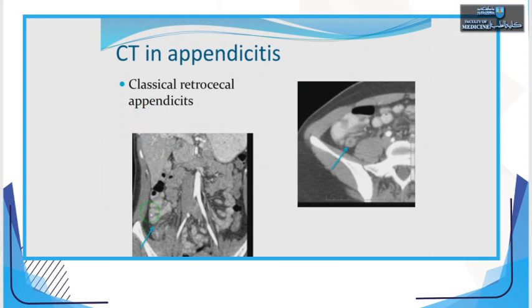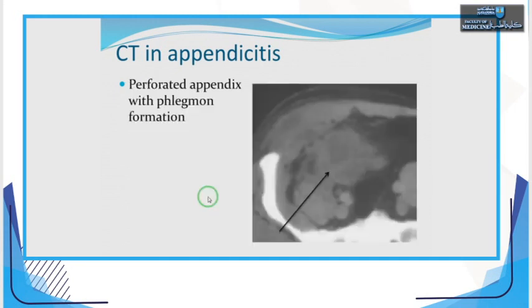In retrocecal appendicitis, CT is very important for diagnosis, like here and here, because the ultrasound here is incapacitated by the presence of air in the overlying cecum. This is a case of perforated appendix, complicated appendix with phlegmon formation. Phlegmon means inflamed tissues gathered around the inflamed appendix.